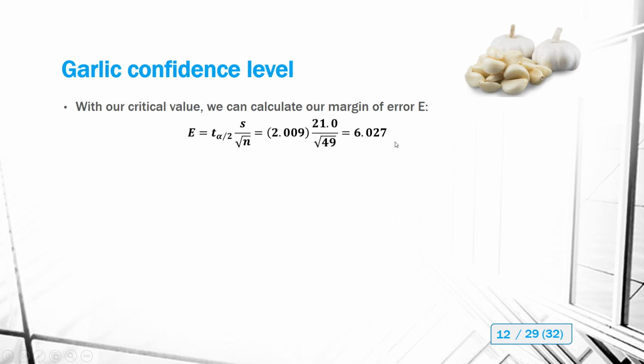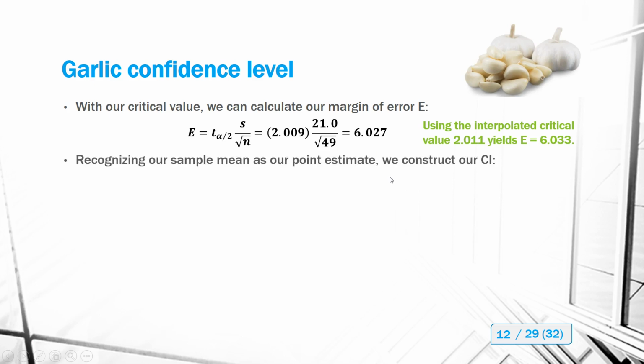And when I punch all this out, I get 6.27. Now, if I had actually used that interpolated value corresponding to 48 degrees of freedom, I would get a margin of error of 6.033. That's not a whole lot different than 6.027. Okay? So again, we see that just grabbing that value that's close by is serving us okay.